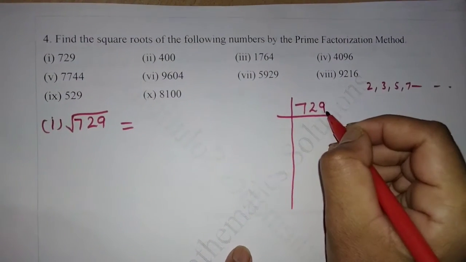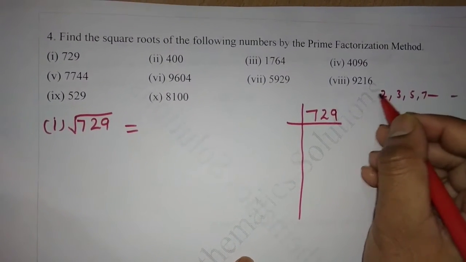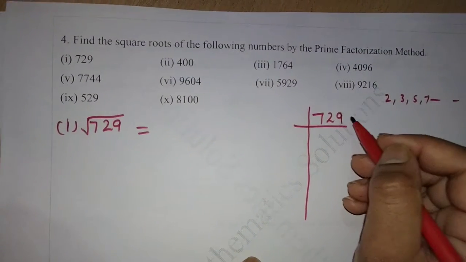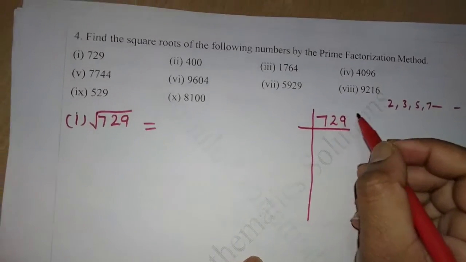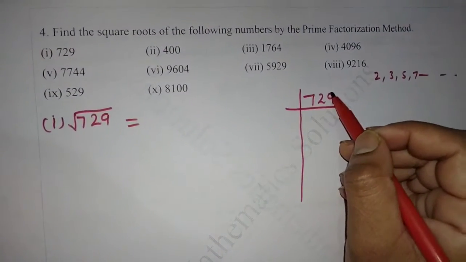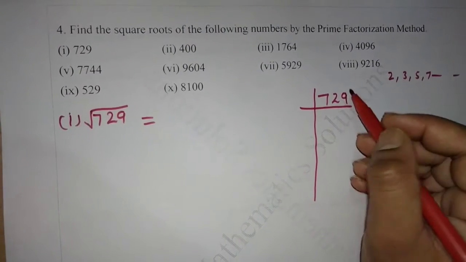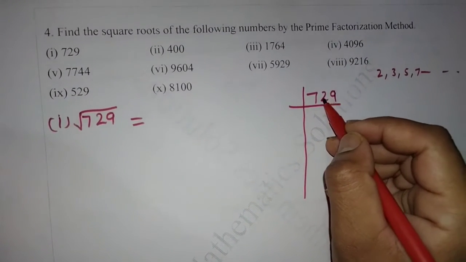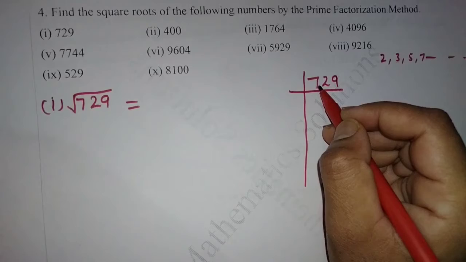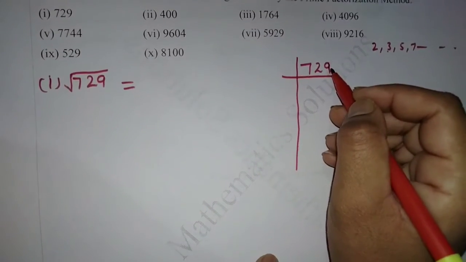Here you can see that the unit digit is 9, so it will not be divisible by 2. If you know the divisibility rule, then you know that if the sum of the digits of the given number is divisible by 3, then the number is also divisible by 3. Here 9 and 2 is 11, 11 and 7 is 18. 18 is divisible by 3, so this number will be divisible by 3.